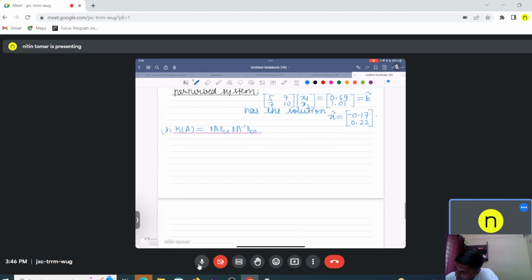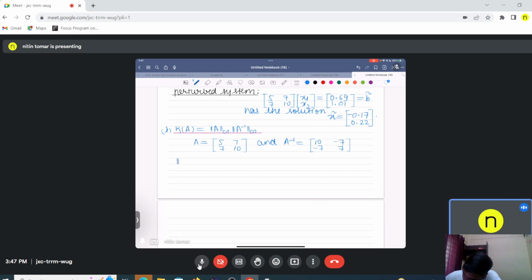So what is A? It is 5, 7, 7, 10, and A inverse will be, determinant is 1, so 1 upon determinant A is 1, so it is just 10, minus 7, minus 7, 5, right?